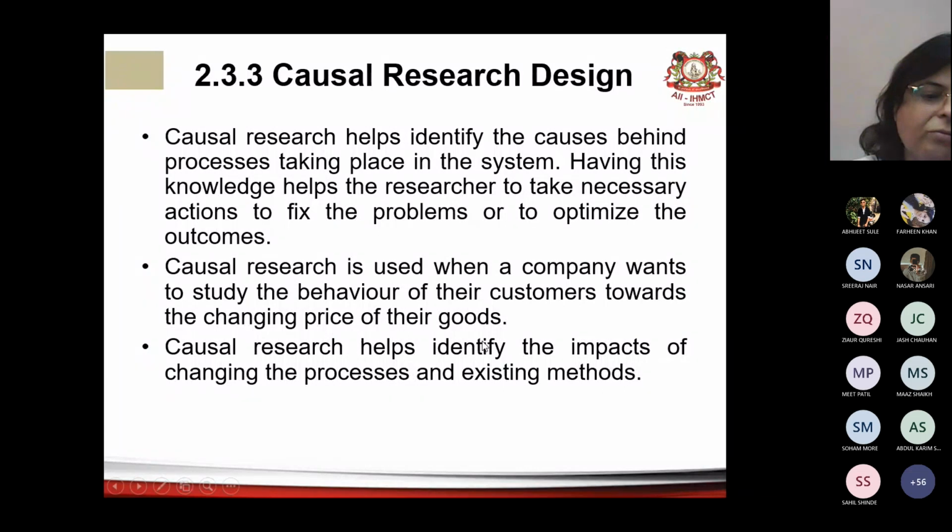Causal research helps identify the impacts of changing the processes in existing methods. Obviously, if there is some cause and the cause is a certain kind of change, it will call for a change in its effect also. Okay, so say first the quality was good, quantity was good, and the price was this.